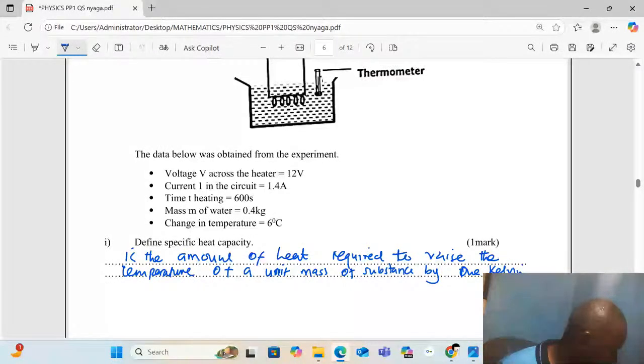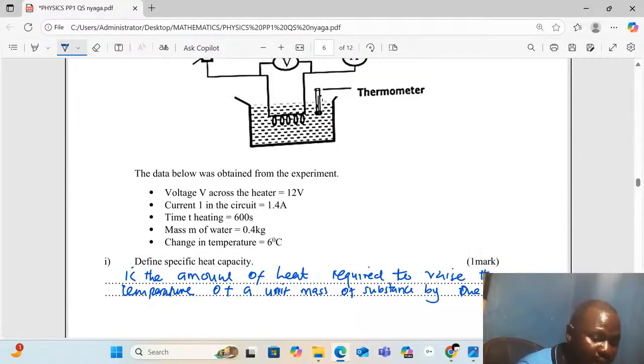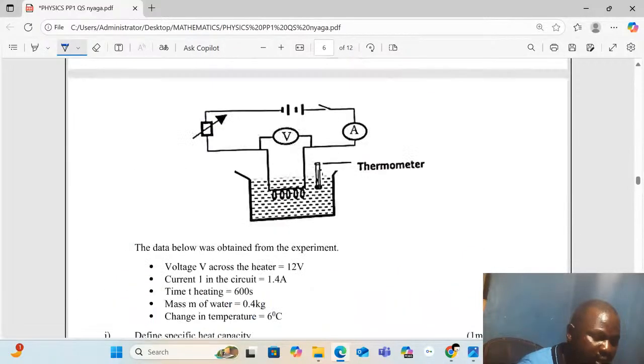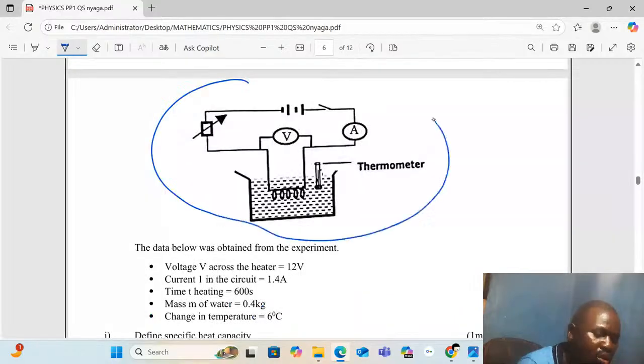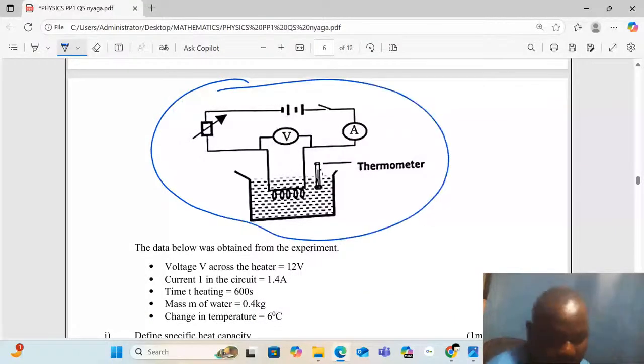State 2 improvements that need to be made in the setup to obtain accurate results. Remember, in this question, we want to ensure that there is no heat loss. So what can we do?